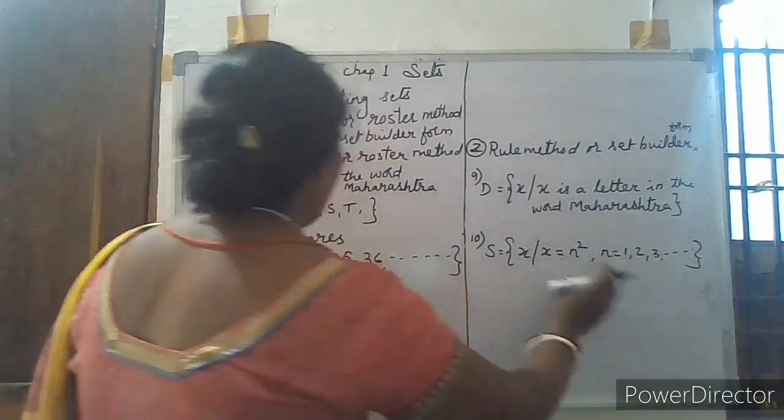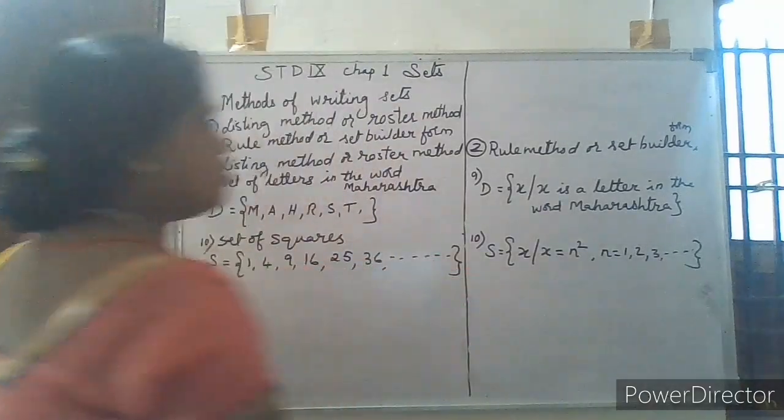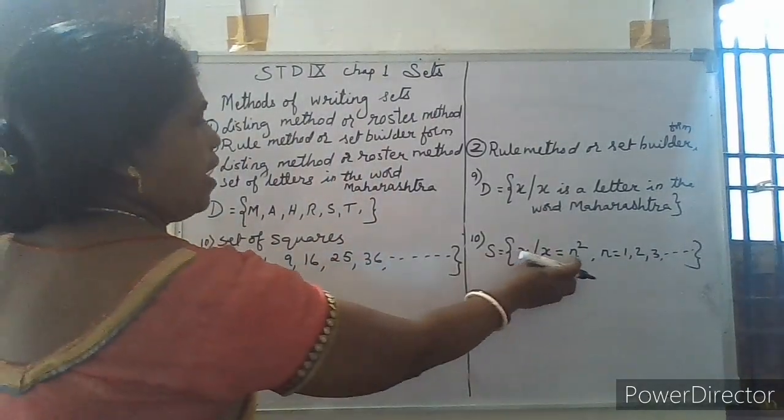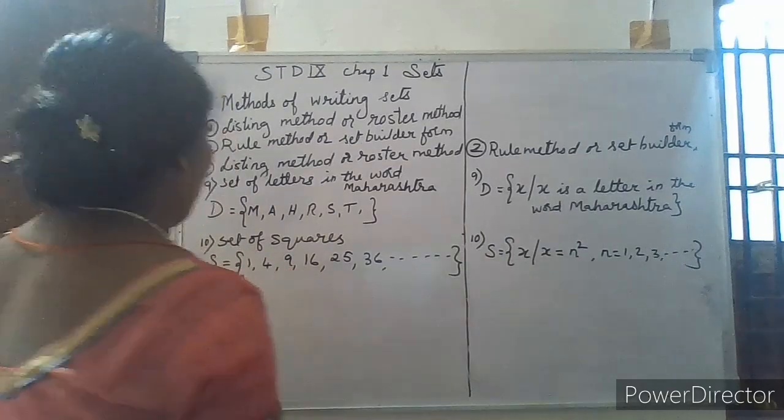As it is infinite, we show it with dotted lines. So square or cube numbers must be shown in this form.